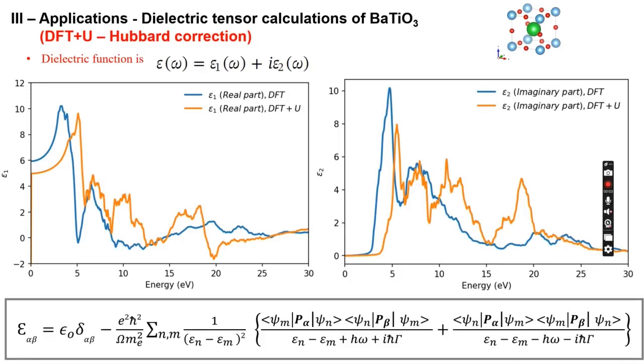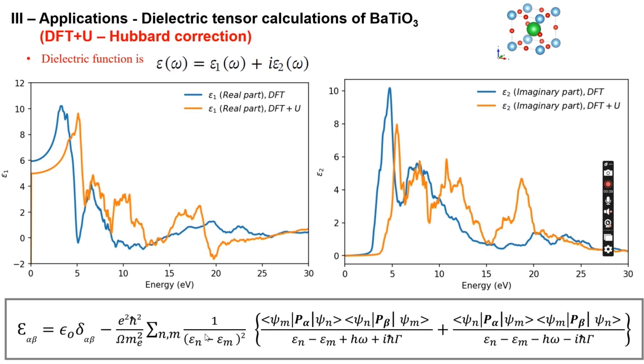Now, concerning the optical properties, let's take a look at the DFT calculation of the dielectric function of the same material, BTO as well. And you can find here at the bottom the quantum mechanical expression of the dielectric function expressed in the momentum space. And you would notice how the values of the dielectric function depend on the band gap values, or the difference in energies, or the transition energies between levels.